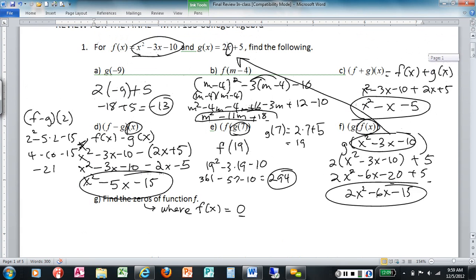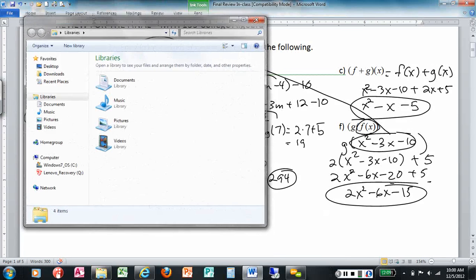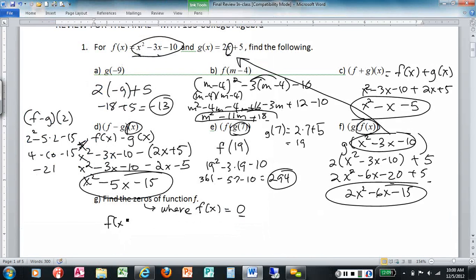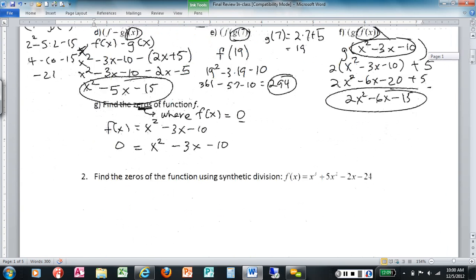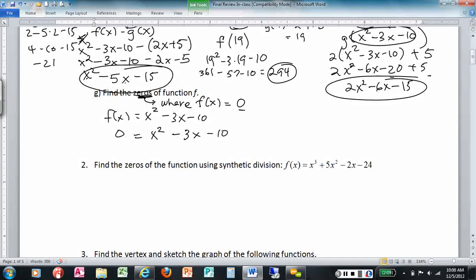I go up here to f of x, which is x squared minus 3x minus 10. And so when I'm trying to find the zero, what I zero out is f of x. And that usually sets up a nice little equation that you should be able to solve.